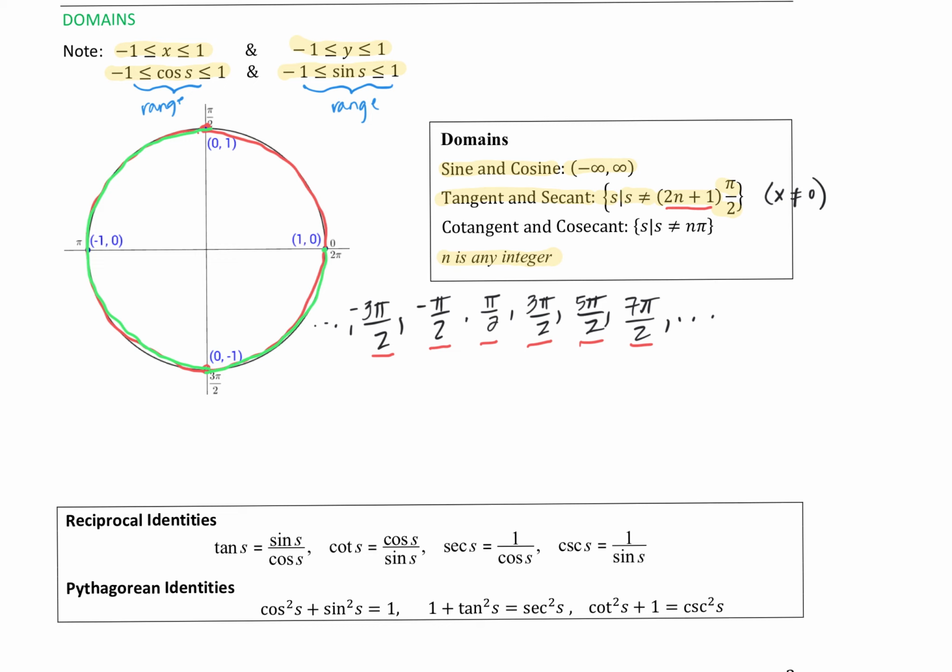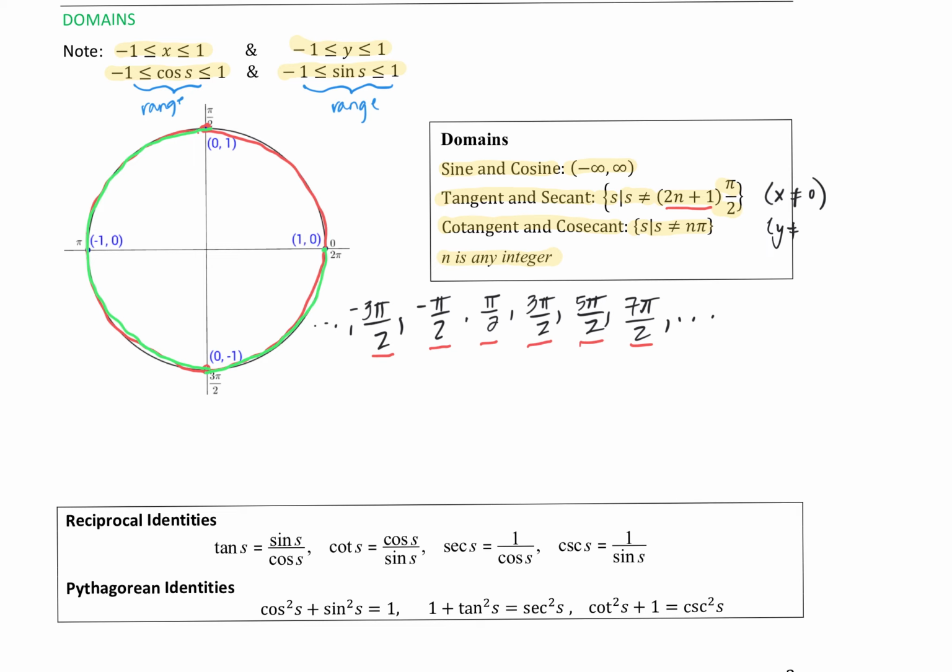When we look at the domain of cotangent and cosecant, based on what we just looked at for tangent and secant, it'll become easier to understand this set builder notation, which is the set of all arc length s such that s is not equal to n, so remember n is just an integer, times pi. So let's go back and remember that cotangent is x over y, cosecant is 1 over y.